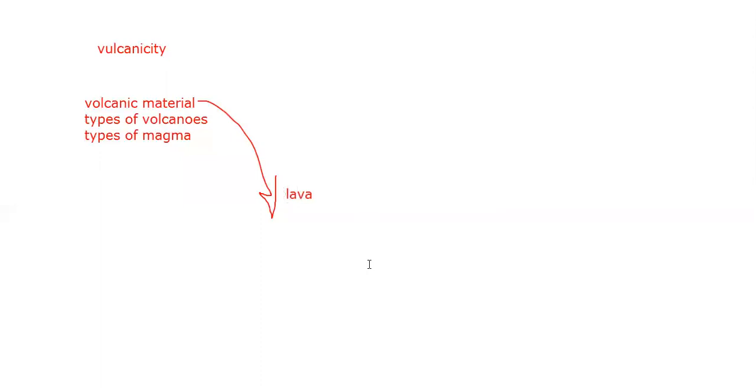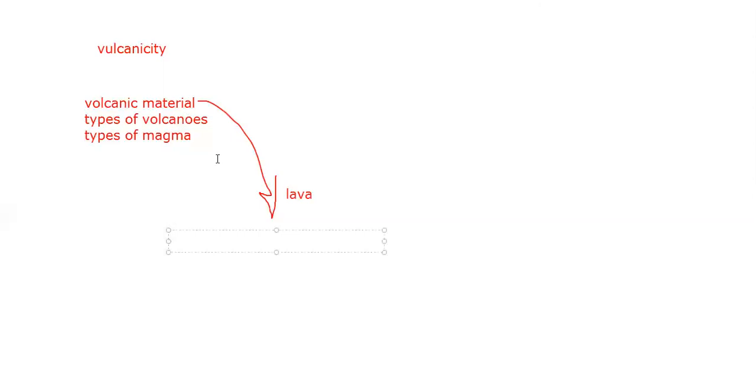And if it is acidic, then it would create steeper volcanic slopes. You have two types of lava.